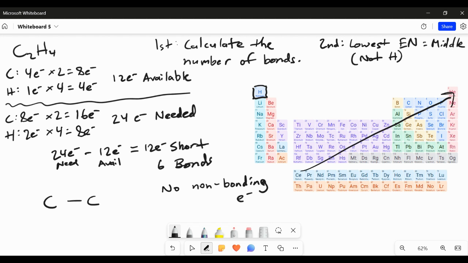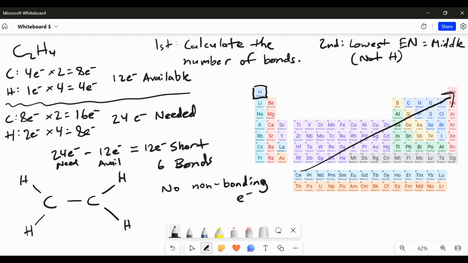We're going to keep it symmetrical, putting 2 hydrogens on one side and 2 on the other. So now we've got all of our atoms. There's 2 carbons and 4 hydrogens. This matches our formula. And they're all connected by single bonds.